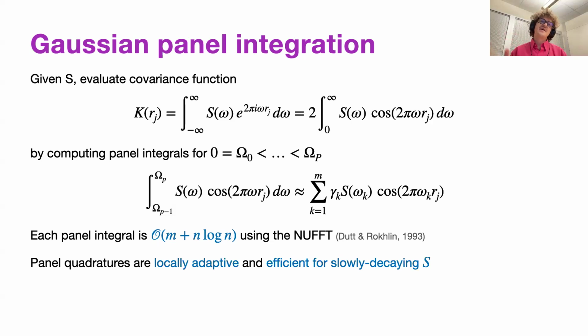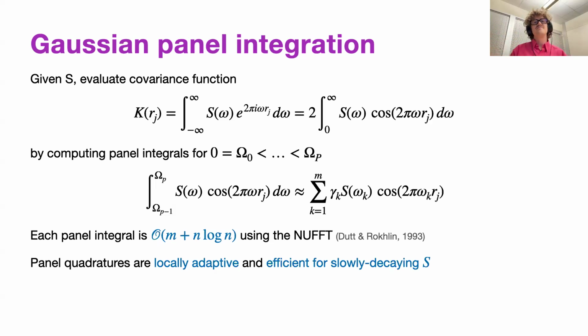The computational advantages that come with this, besides just the speedup, is that by using panel quadratures, we can make this method locally adaptive. So if you have a spectral model S that has some variation in some domain, you don't have to make your quadrature rule globally finer. You can refine only in specific areas. And you can also make this very efficient for slowly decaying spectral densities because you only need very few quadrature nodes way out in the tail of that function.